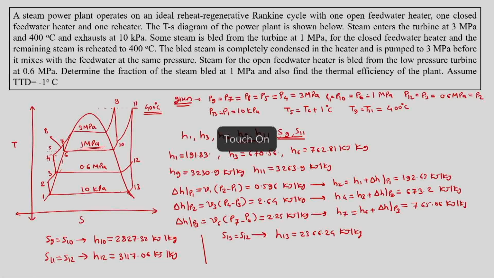So knowing this, we can find out the fraction of masses as what we generally mention. This is Y, so this is 1 minus Y, this is Z, so this is 1 minus Y minus Z, this is also 1 minus Y minus Z. So for this we can go ahead and do the calculations.